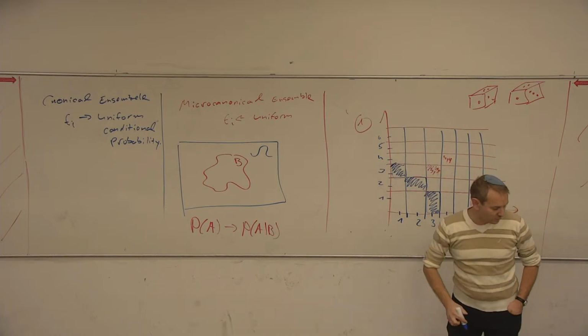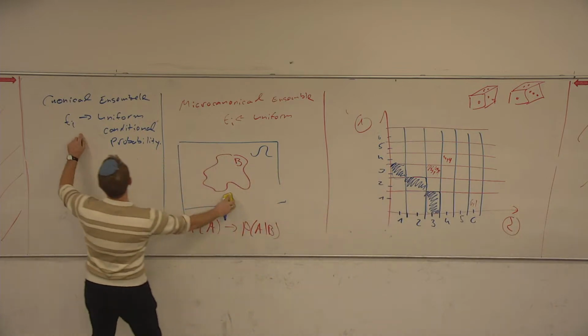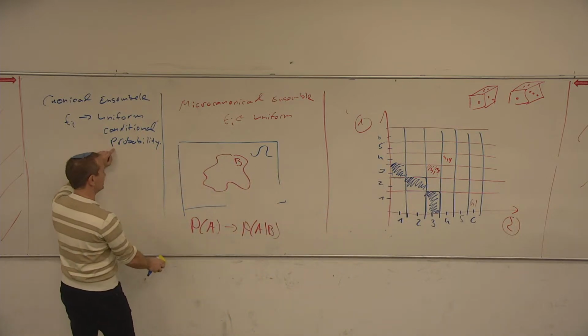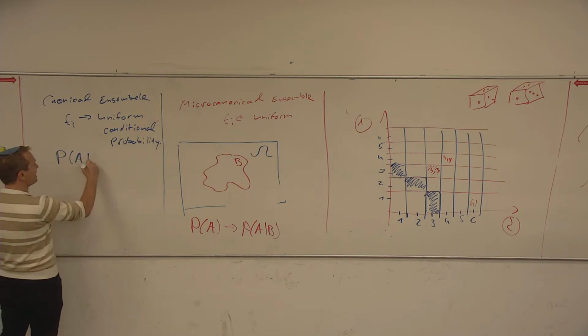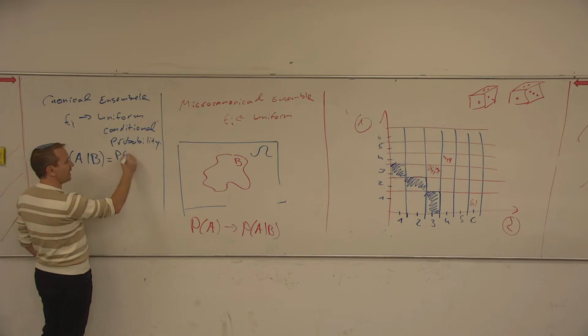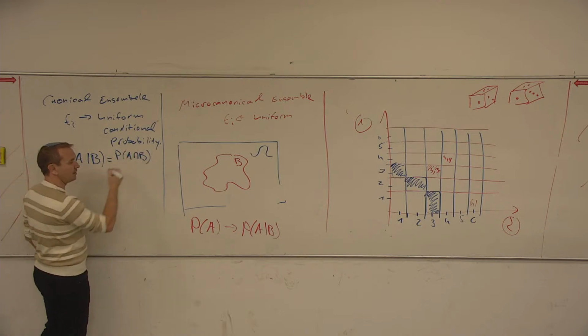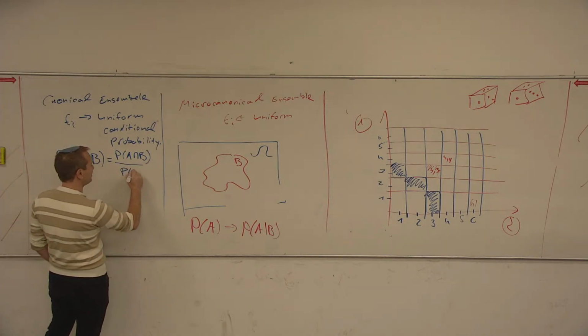And then I ask you the following. How is the probability defined when I'm looking at uniform conditional probability? So what is P(A given B)? It is P(A cross B) divided by P(B).